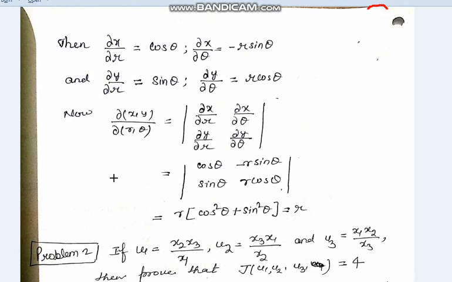First of all we will partially differentiate x with respect to r, then x with respect to theta, similarly y with respect to r and y with respect to theta, and then we will use these values in this determinant, the Jacobian of x, y with respect to r, theta. Putting these values here, we get the determinant of cos theta, minus r sin theta, sin theta, r cos theta, which is equal to r cos square theta plus sin square theta, which is equal to r.